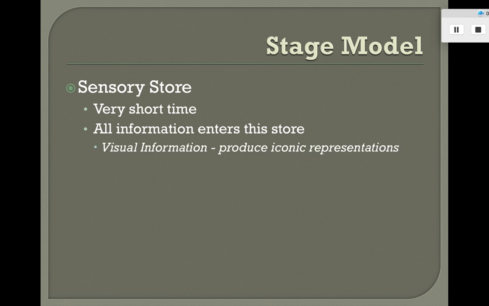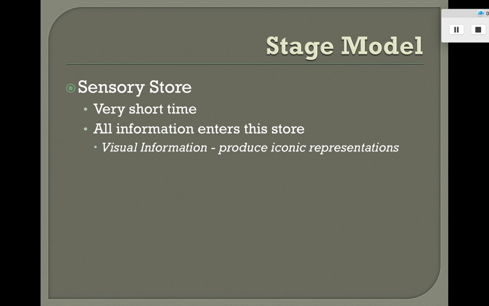So here with visual information, one of the ways that we can actually create the processing of this initial state of that information is by what we call an iconic representation. Now, with an iconic representation, this refers to a representation that we make for visual information. Now, what is an iconic representation if we had to think about something?